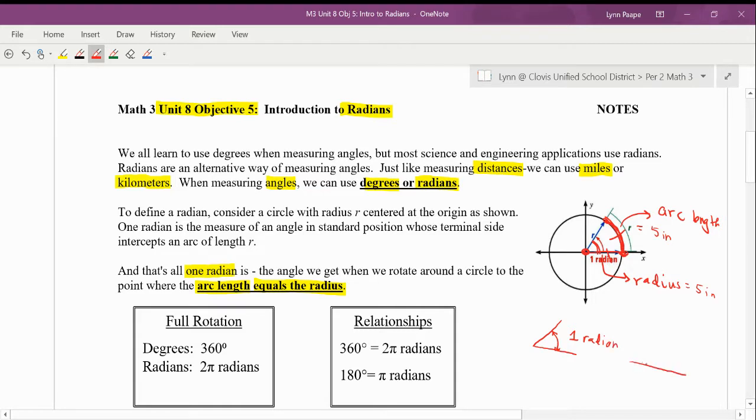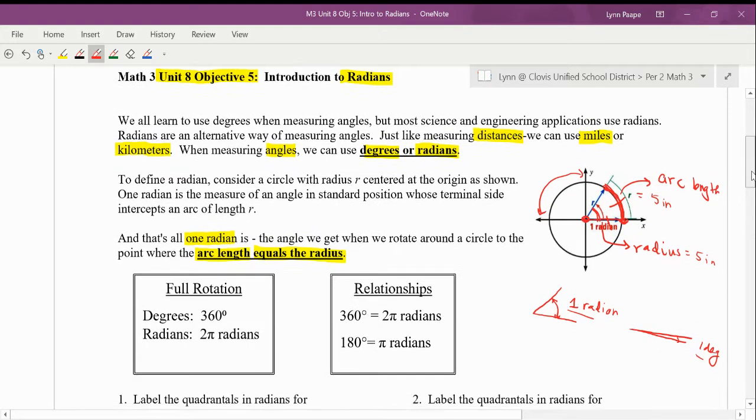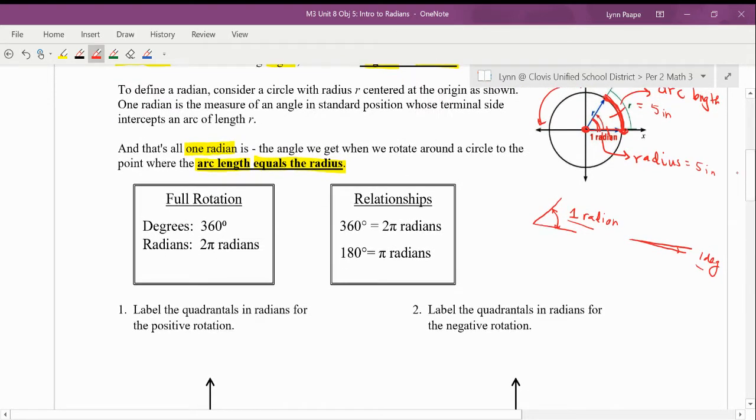I can't even draw what 1 degree looks like. There's my best, and that's even bigger than what 1 degree actually is, because I know that I can fit 90 of those degrees in between here and here, right? So this certainly is much bigger than it really is. You can see that 1 radian is a whole lot larger than 1 degree. All right, so let's talk about some equivalencies because we'll use these a lot.